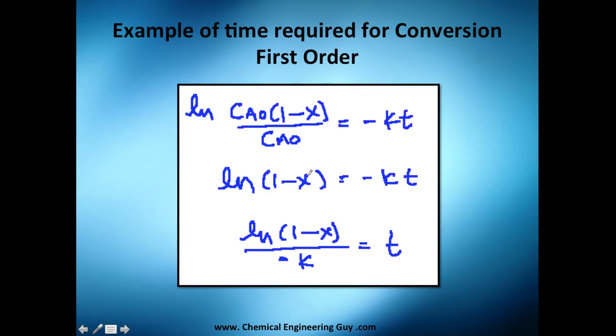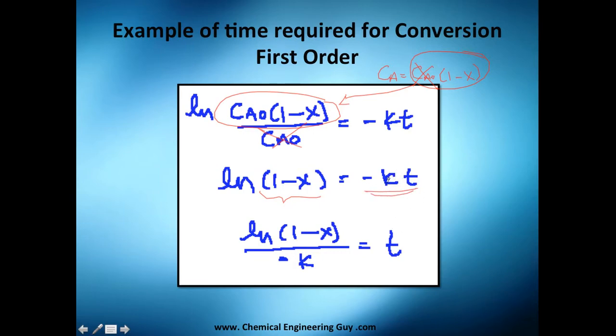And if you remember, once again, sorry I didn't have it here, but by definition the concentration at any moment is given by the initial concentration times 1 minus x, which is the conversion. So I'm inputting this value here, and as you will see, this initial concentration will cancel with this initial concentration, and I will be getting this value here. The natural logarithm of 1 minus x equals this constant times time.